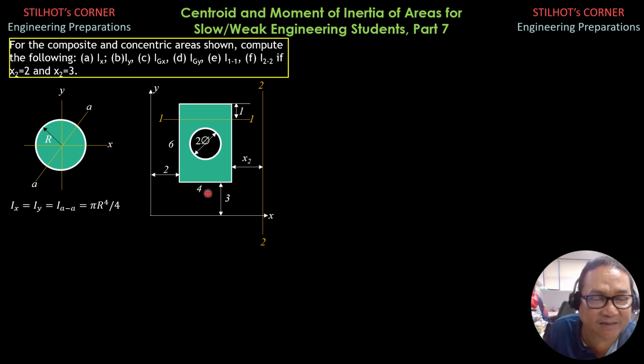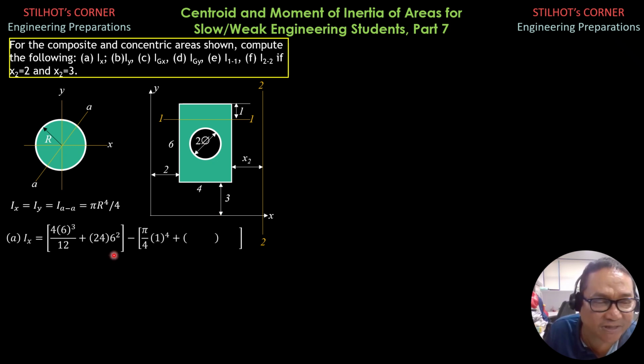For the rectangle with respect to the centroid, 4 times 6 cubed over 12, then plus area 24, where the area is 4 times 6 or 24 for the rectangle.